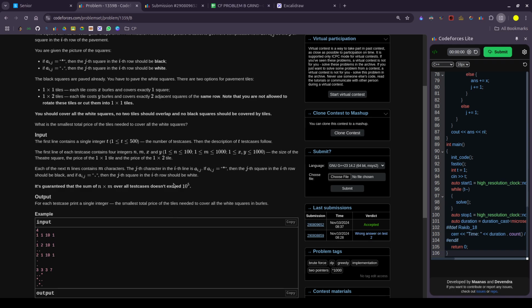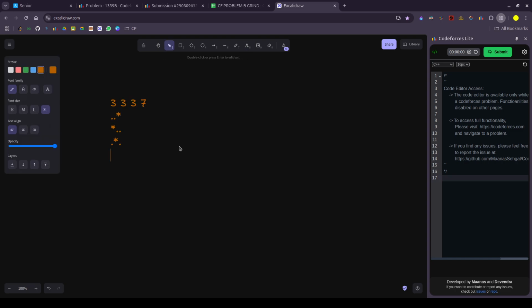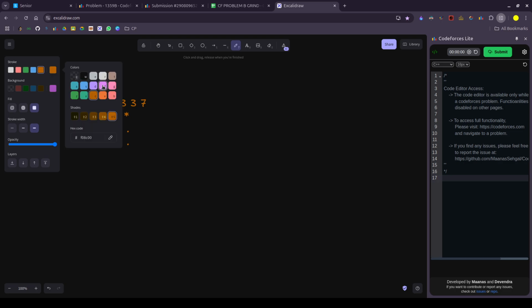So the problem basically says that we will be given a grid which contains star and dot. Star means that it is covered with a black tile, and dot means that it is not covered but should be covered with a white tile.